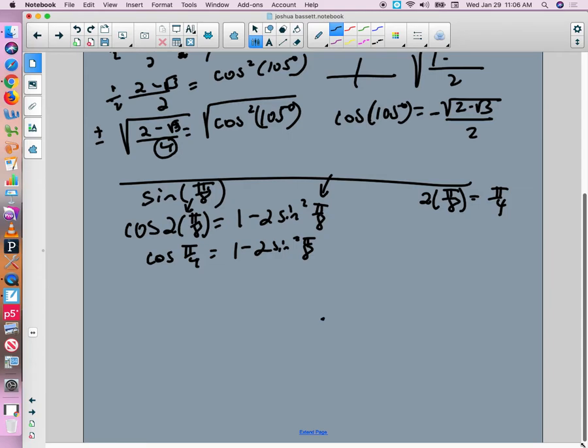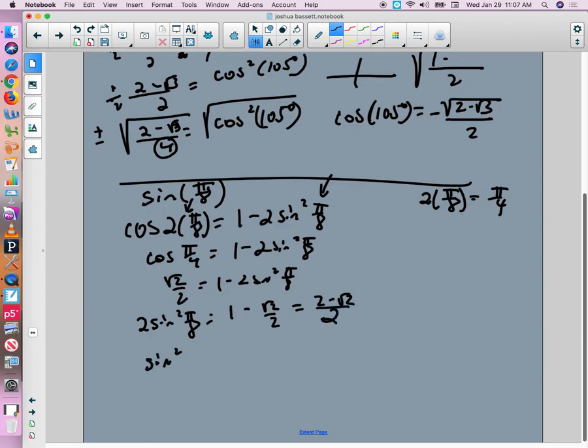Okay, cosine of pi over 4 is root 2 over 2 equals 1 minus 2 sine squared pi over 8. I'm going to write really messy so we can move on quickly. I think I would add this to the other side and subtract this. It's because I don't like negatives. So this side becomes 2 minus root 2 over 2.